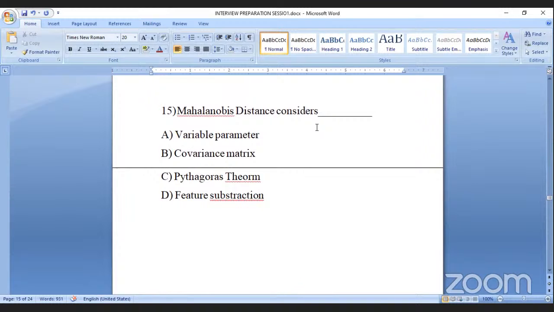So tell me, friends, Mahalanobis distance considers dash. Option A, variable parameter. Option B, covariance matrix. Option C, Pythagoras theorem. Option D, feature subtraction.